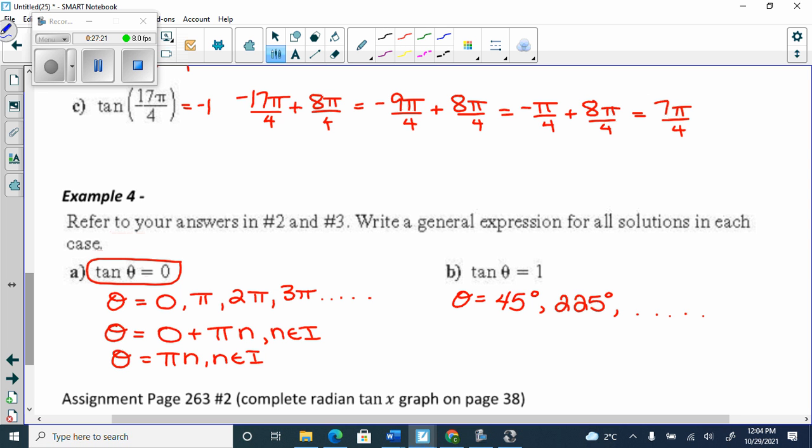So they're nice to make general solutions of because it's every 180 that they're happening. So what's my first positive? 45 plus 180 degrees n. And I have to always put n is an element of the integers, because that'll give me 0, 1, 2, -1, -2, etc.